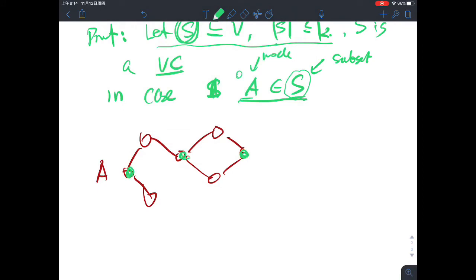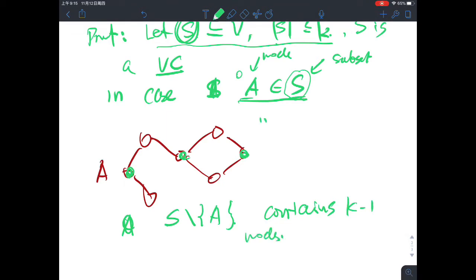After I temporarily remove A, the vertex cover contains k minus 1 nodes. So in English, S contains k minus 1 other nodes than A.